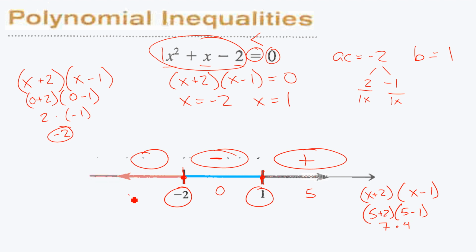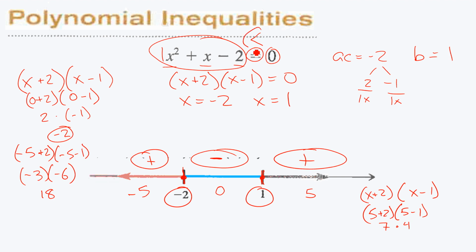Let's try a negative number. How about -5? So we plug this in. So we have -5 plus 2 and -5 minus 1. So we would get -3 times -6. That's positive 18. So we'd have a positive in here. All right, so this section is positive, this section is negative, and this section is positive.